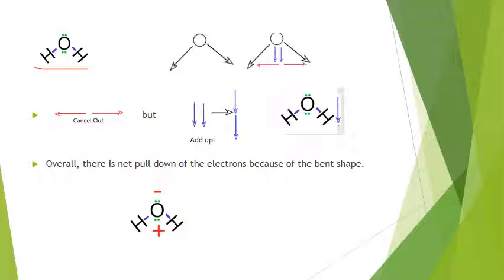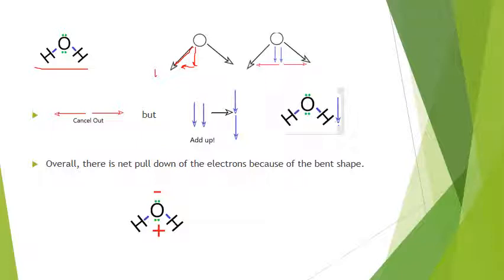Here I drew it in its bent shape. Now if you look at it, you can see that electrons are being pulled this way and they're being pulled this way. In terms of vectors, if you've ever learned about it, this one here has two components. It has a vertical component and a horizontal component.